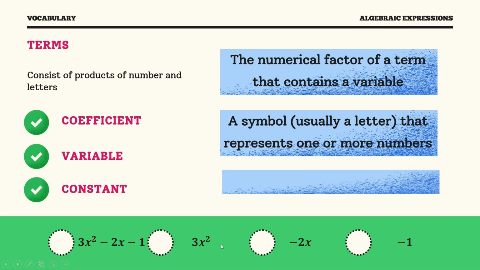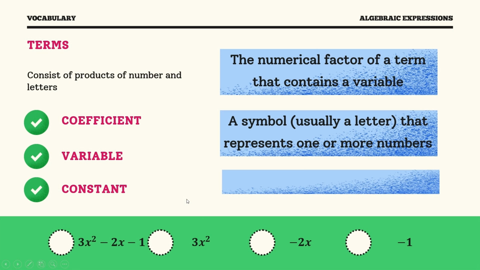Why does it say a variable represents one or more numbers? Because we can substitute these variables with whatever numbers we want.